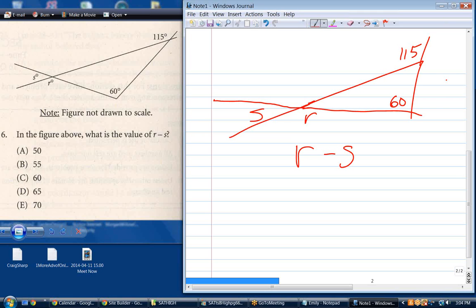Well, s is equal to 55 and r is equal to 125. You just answered the question. 125 minus 55 is 70. It's simple enough to solve for r and to solve for s.